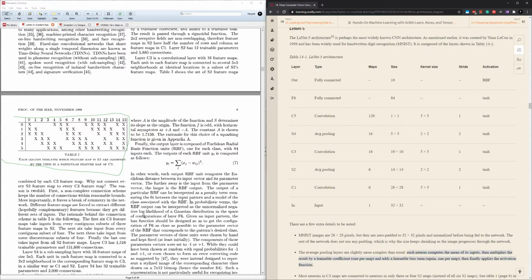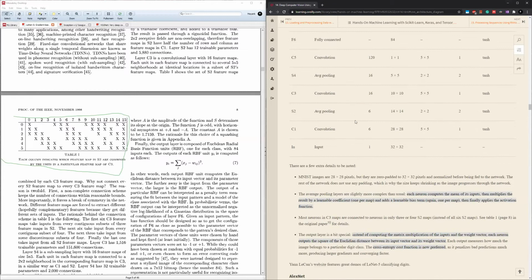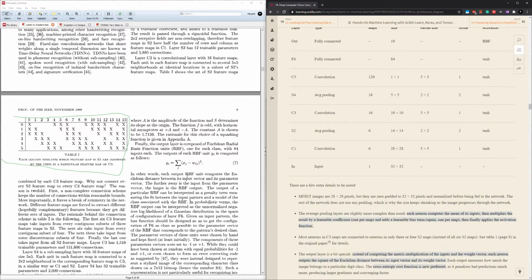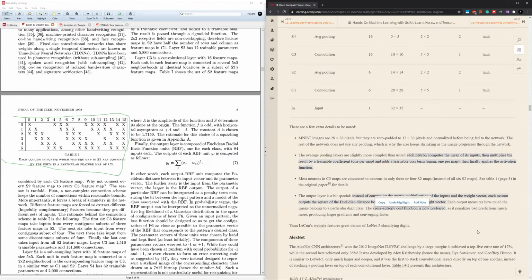What the intuition was and how they came across this beautiful, sorry, LeNet-5 architecture.